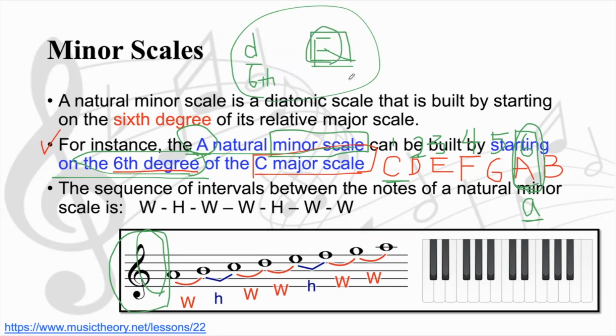Sister, I understood the part where if you check from F, the sixth one will be D. But here it is written that A natural minor you can get from the sixth degree of C. How can you find out that A minor is the sixth degree of C major, the opposite?